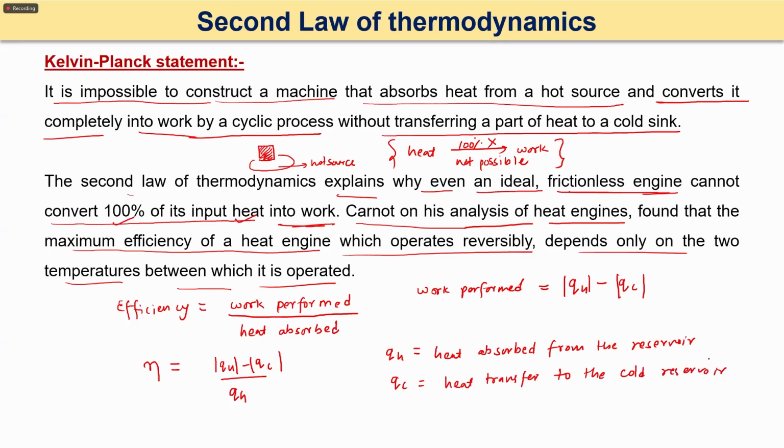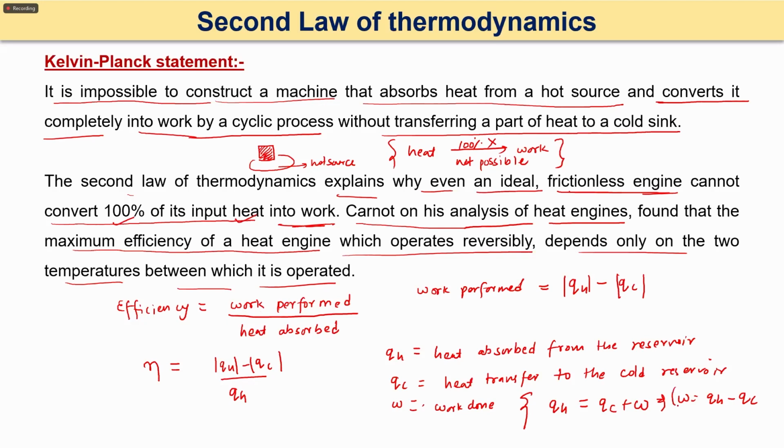If this is the case, and W is the work done, then the QH amount of heat is getting converted into heat transferred to the cold reservoir and the work done. So your work performed will be equal to QH minus QC. This is what we have written over here: efficiency is equal to work done divided by the heat absorbed.